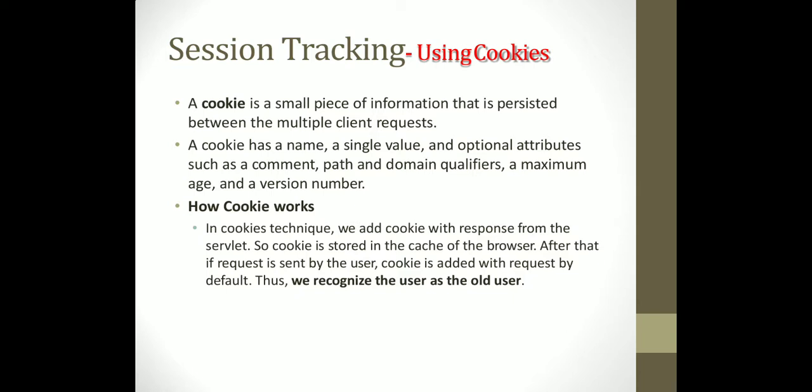In the cookies technique we add a cookie with a response from the servlet. The cookie is stored in the cache of the browser, and after that if a request is sent by the user, the cookie is added with the request by default. Thus we recognize the user as an old user.